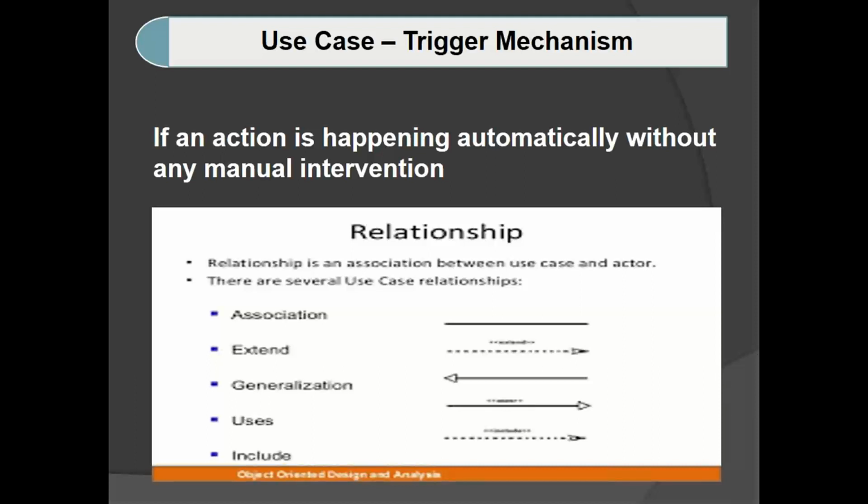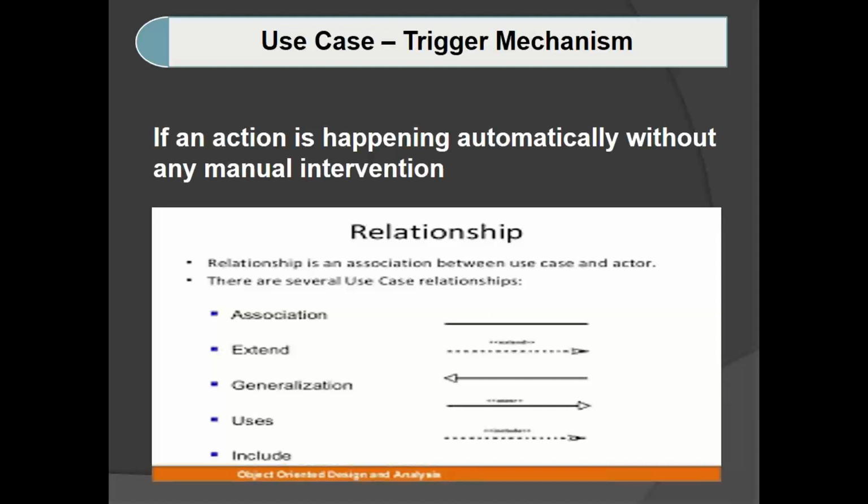Now, for example, if you want to wake up early in the morning, say 3:30 or 4 a.m., what will you do? You will set an alarm in your watch or mobile. Once the system shows that it is 3:30 or 4, the alarm starts ringing. Now, do you think there is a person who is performing this activity?